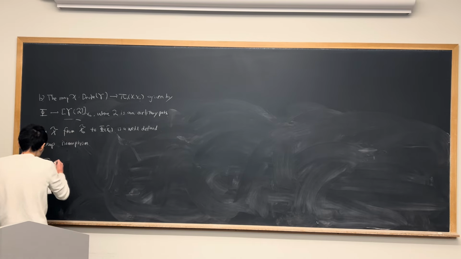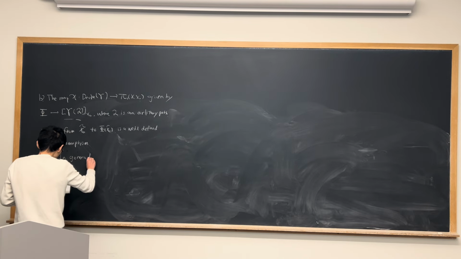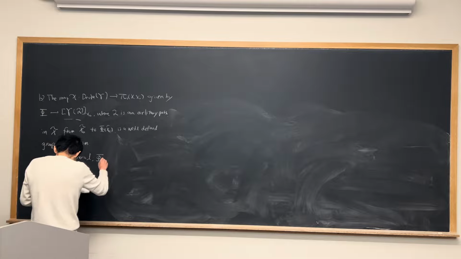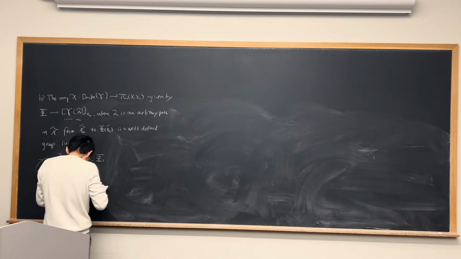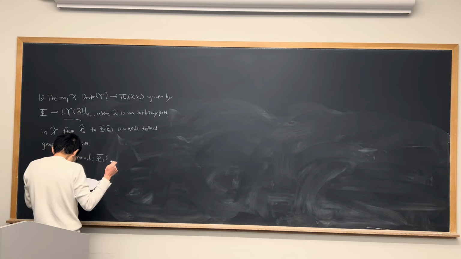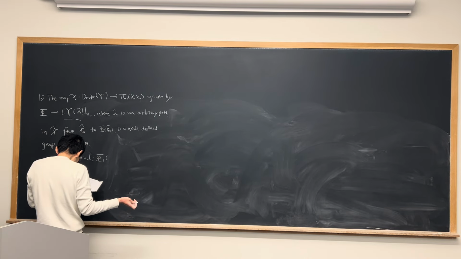Now in general, remember we defined phi one and phi two last time. So we have the two, y1 and y2, and we fix a baseline x naught tilde in x tilde.